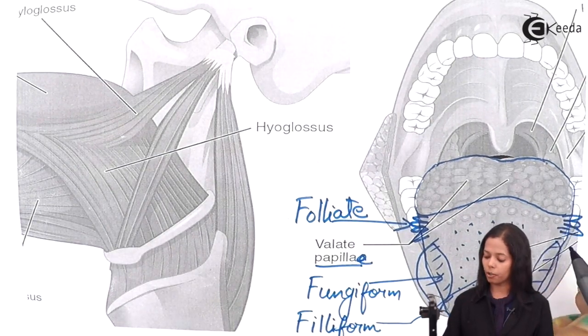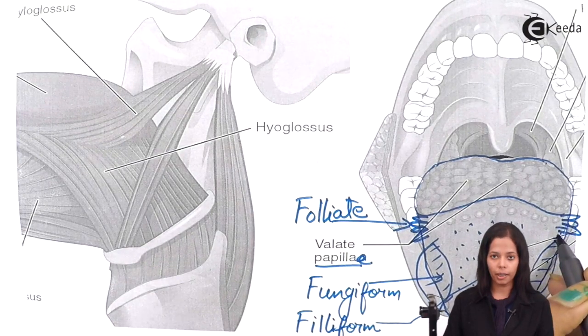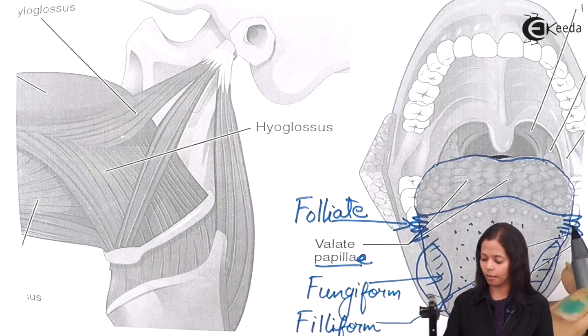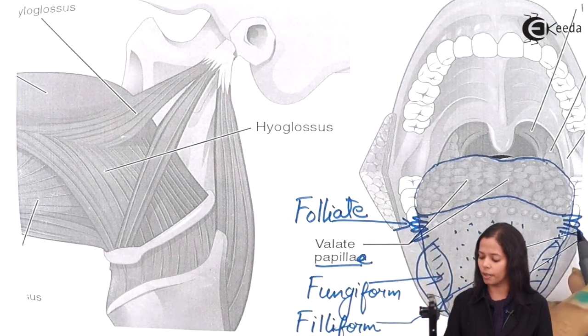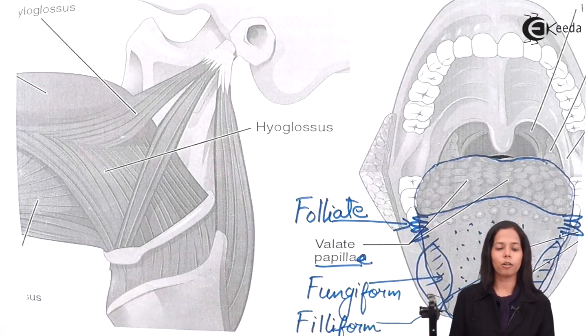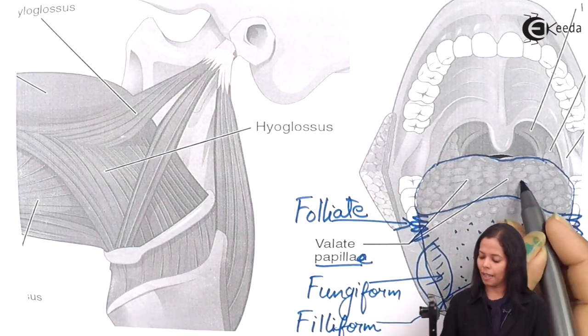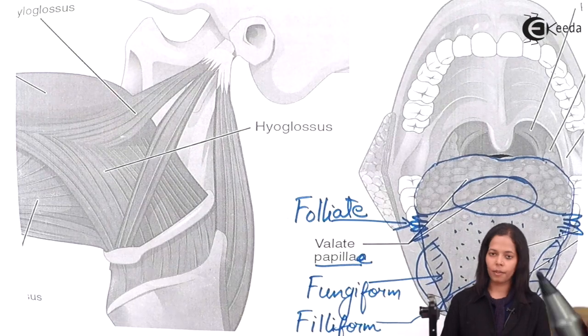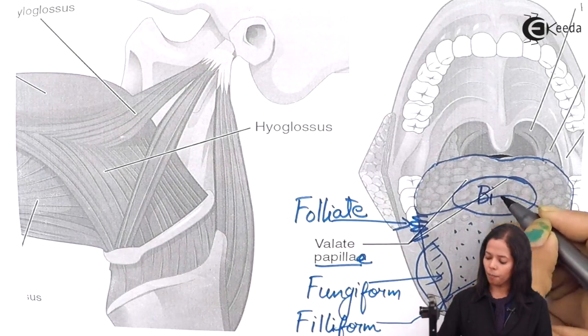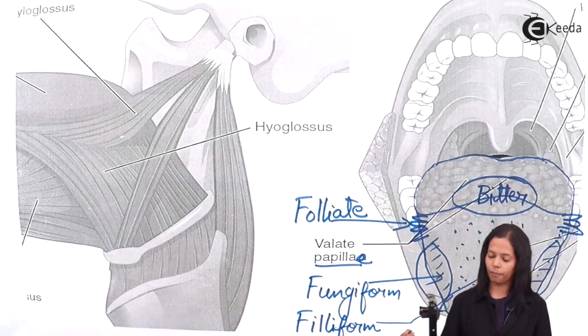The behind part of the tongue, or the part next to the salty taste, can taste sour. That is where I have drawn this vallate part. That part of the tongue can taste sour chemicals, and the last part of the tongue can taste bitter food.